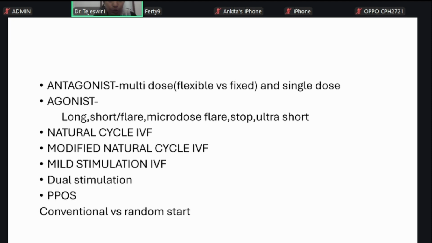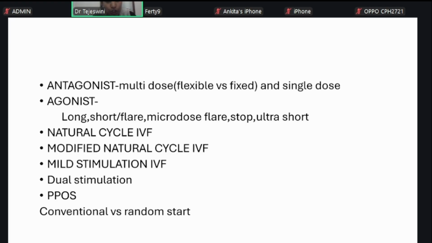So both the gonadotropins and the agonist are continued till trigger is given. And in agonist cycles, we can give only HCG trigger. We can't give an agonist trigger. So we have to go for a milder stimulation protocol wherein we are expecting lesser or moderate number of oocytes.